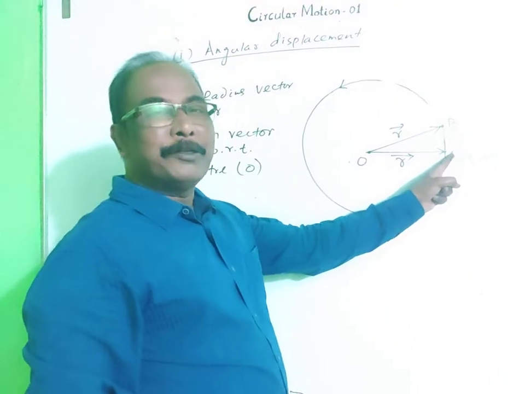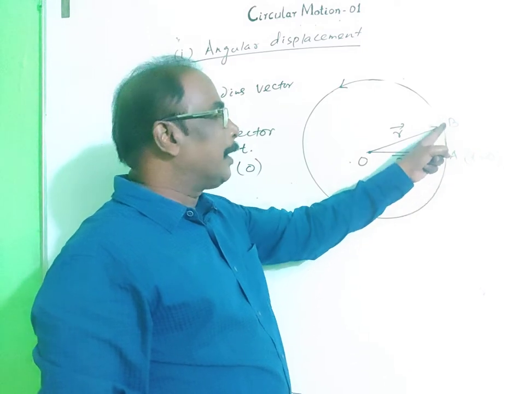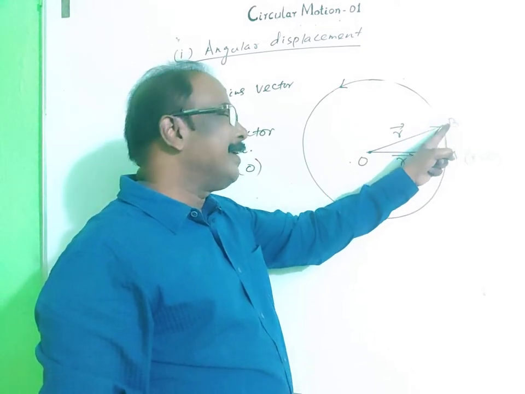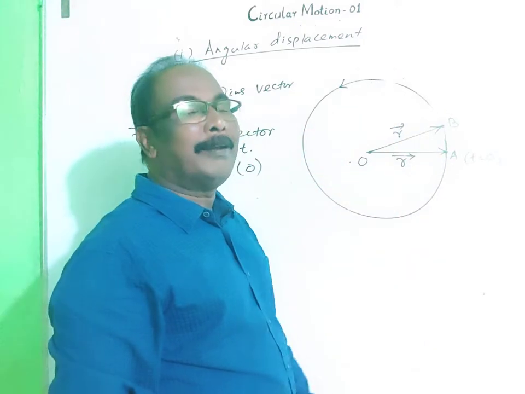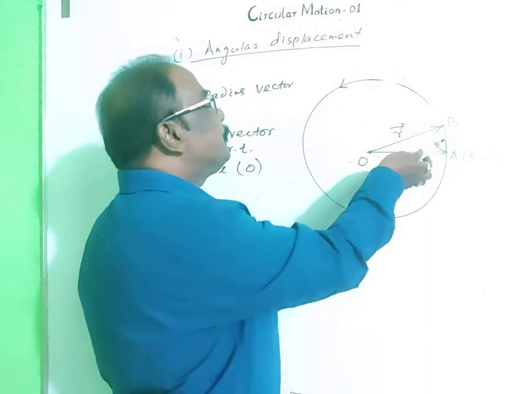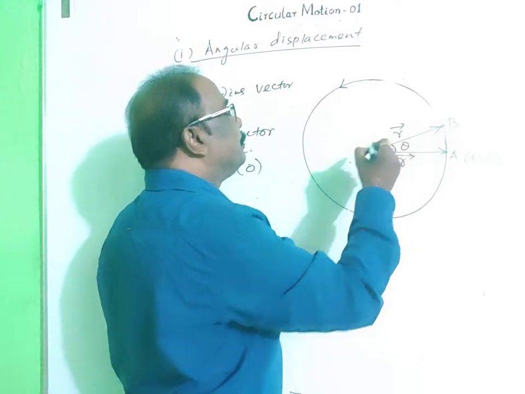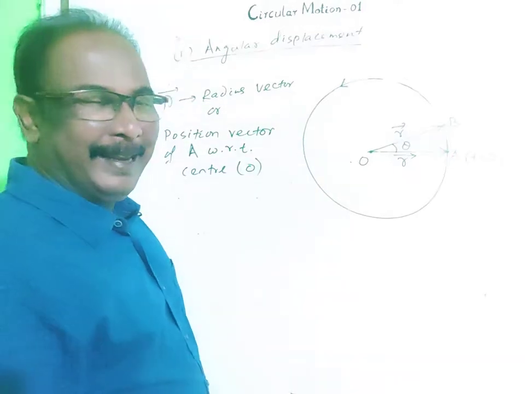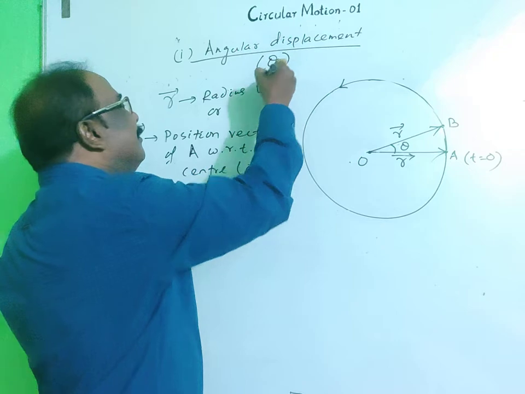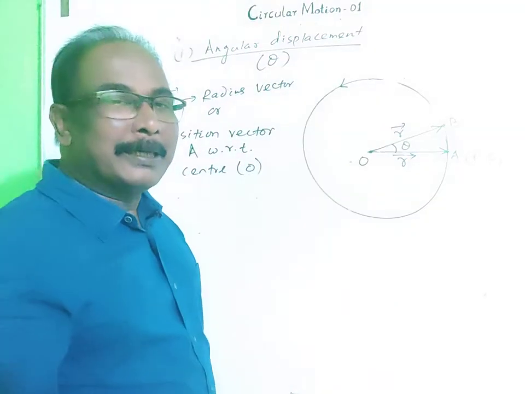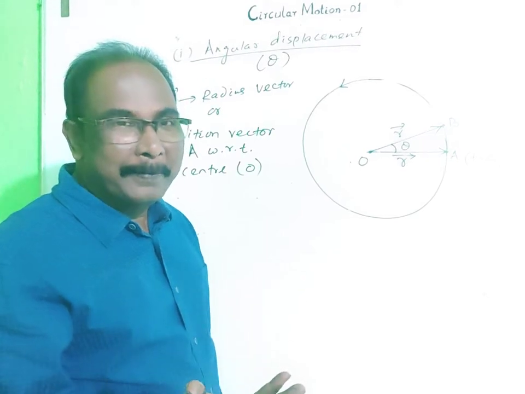This is initial direction of position vector O to A, and this is final position when the particle reaches B. Position vector is directed from O to B. And this position vector sweeps an angle about the center. So theta, angular displacement theta, is treated as a vector quantity. It is angular displacement as we say.